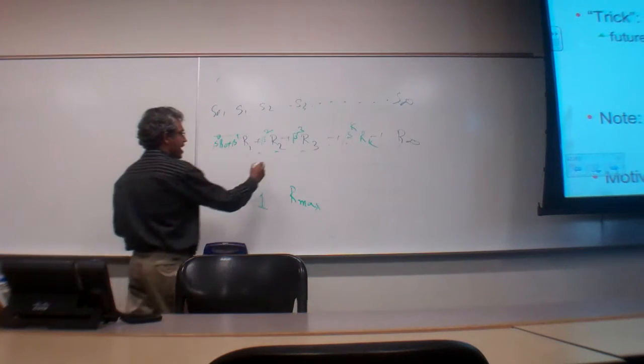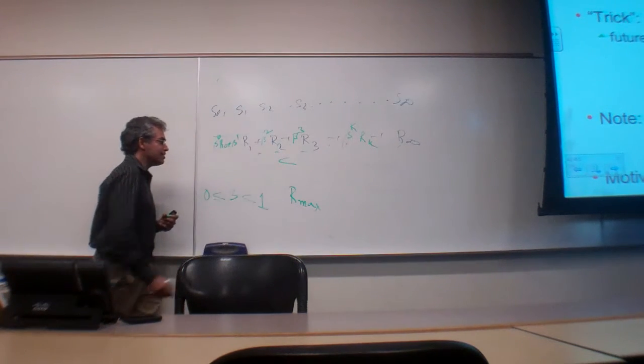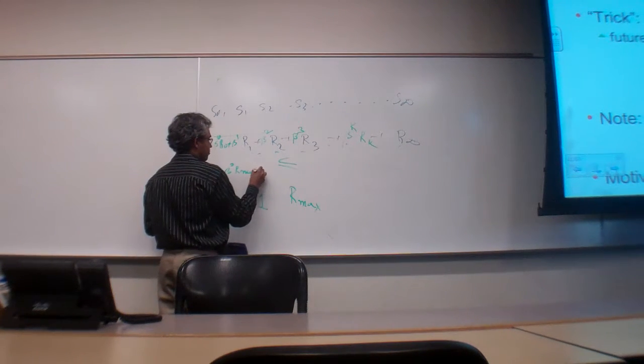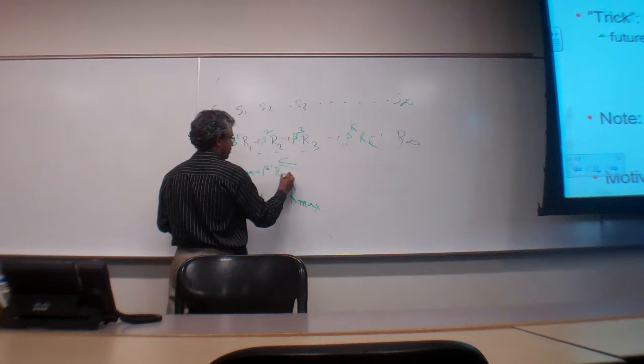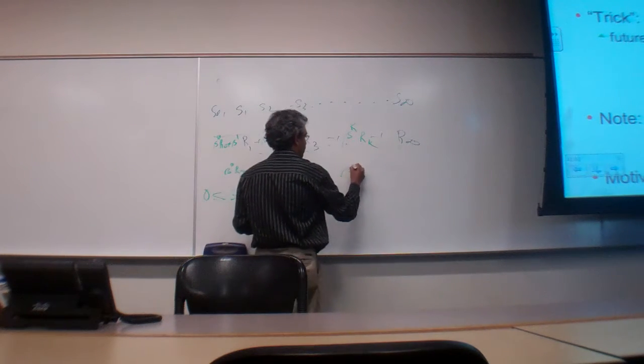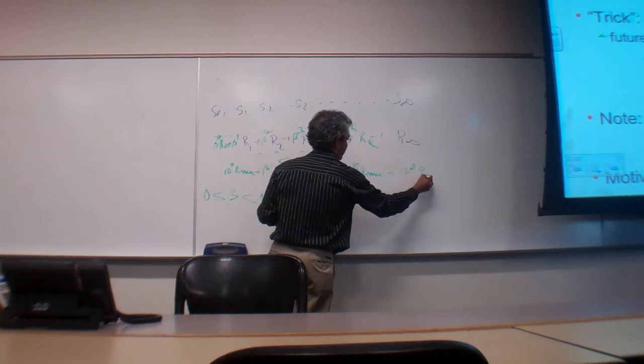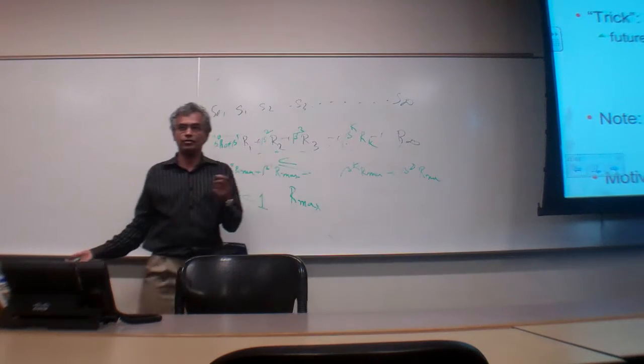Right? So this then is less than or equal to beta power 0 R max plus beta power 1 R max, beta power k R max, plus beta power infinity R max. Right?